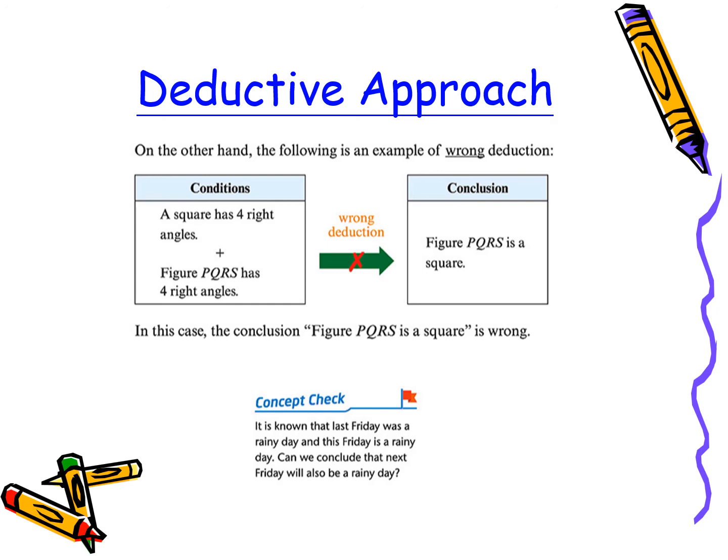This may not be true because a figure that has 4 right angles may be a rectangle but not a square. So here you can think further. The concept check. If you know that last Friday was a rainy day and this Friday is a rainy day, can you conclude that next Friday will also be a rainy day?